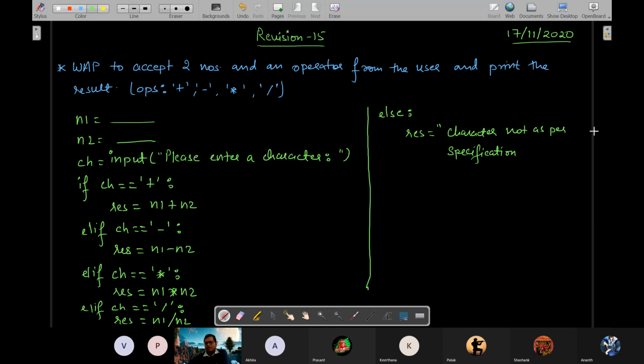You will write in a single line. My space was not here, so I'm changing the line. And then outside you will print result. So this will be in the single program. Else you will write below only.